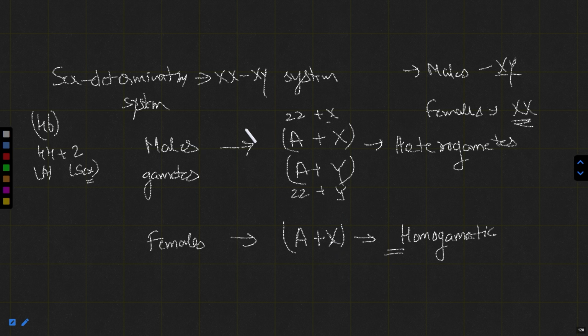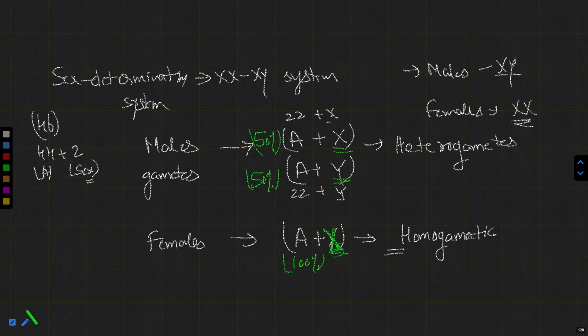Whereas in males, 50% of the gametes will contain the X chromosome and 50% of the gametes will contain the Y chromosome. In females, 100% of the gametes will contain autosomes as well as the X chromosome. All right, this is clear.